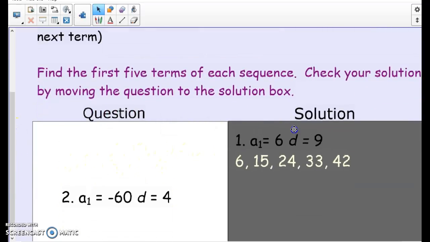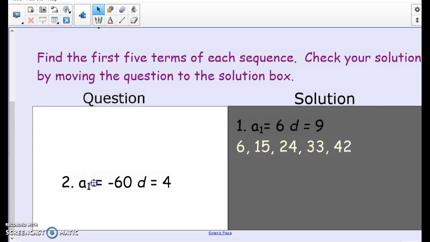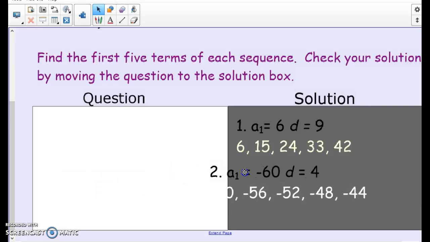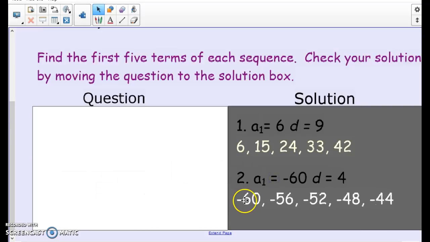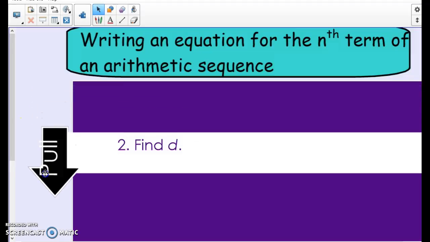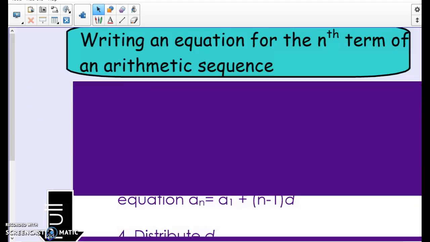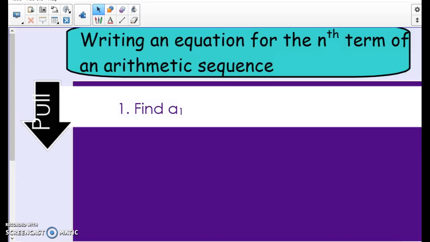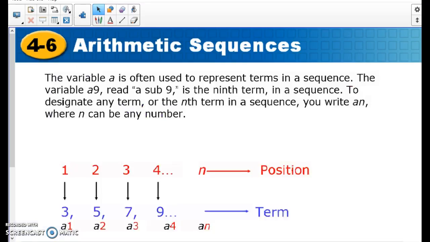So we would just go 6, 15, 24, 33, 42. Same thing here, if we're starting with a1 and our difference is 4, we're going to be adding 4 every time, so going from -60 to -56 to -52 to -48 to -44. So basically our steps are to find a1, find the difference, plug them in, and then solve. Okay, so let's do one where we're given a number like that.